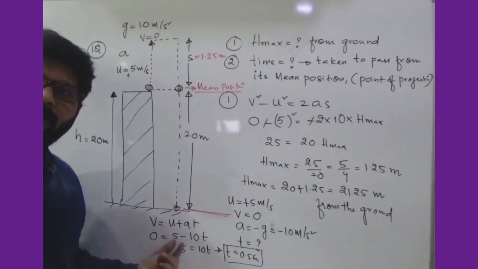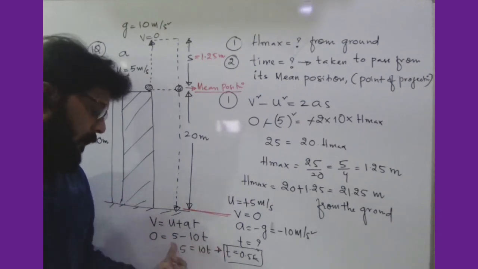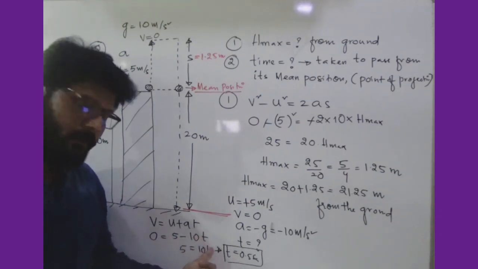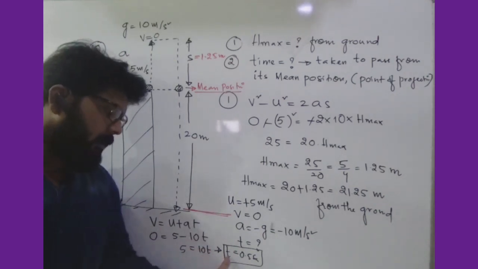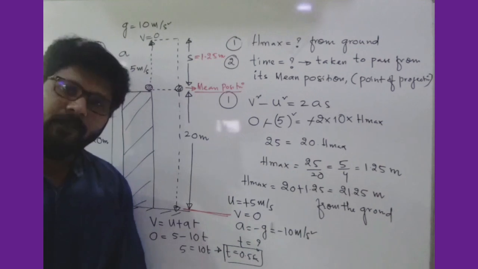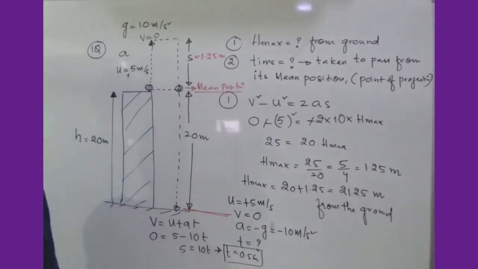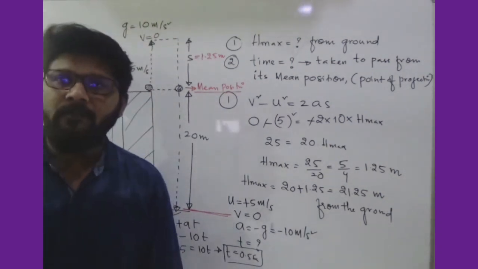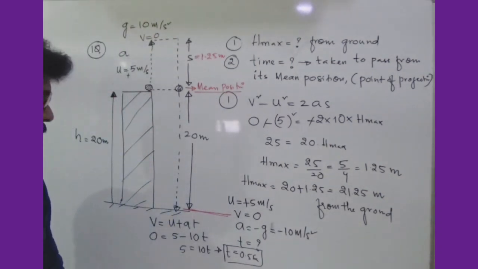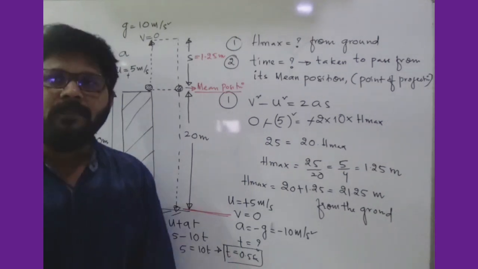So 5 minus 10T, or 5 is equal to 10T, or T is equal to 0.5 seconds. At the maximum height, the final velocity is 0, so T is equal to 0.5 seconds.